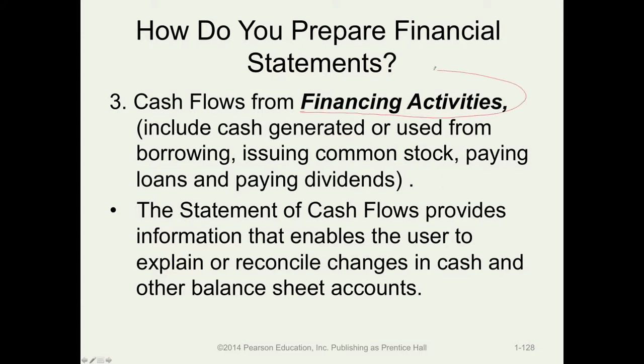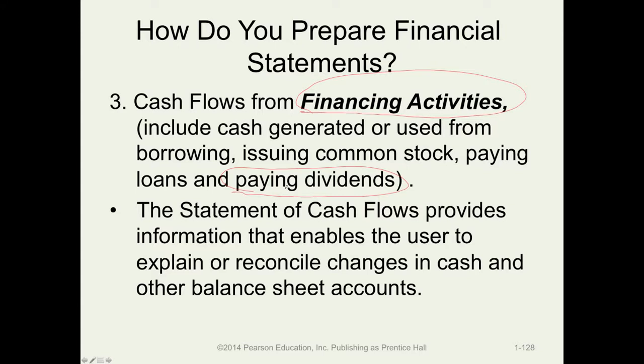Financing is going to explain where you raised capital. You could borrow long-term notes. You could issue stock. We mentioned that Google issued stock. Facebook had an initial public offering. Twitter had an initial public offering to raise equity capital. Also, dividend payments are included in financing activities.